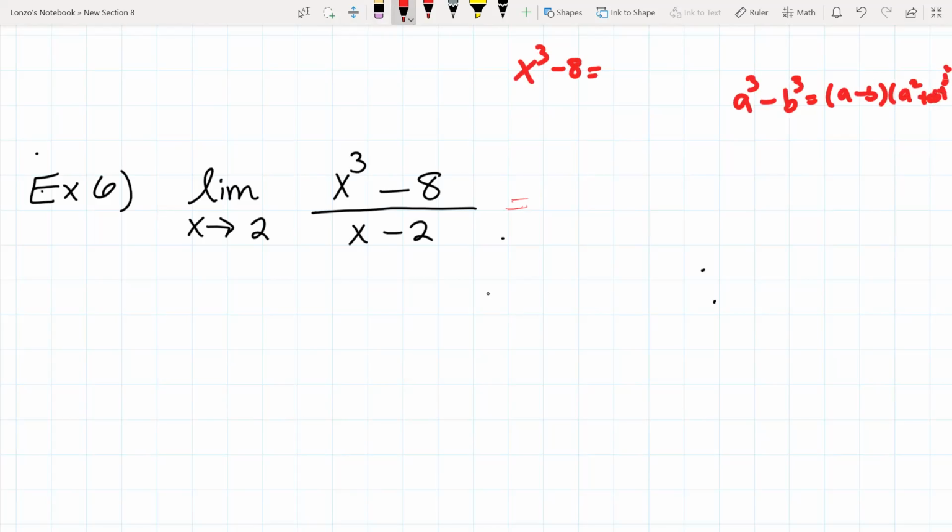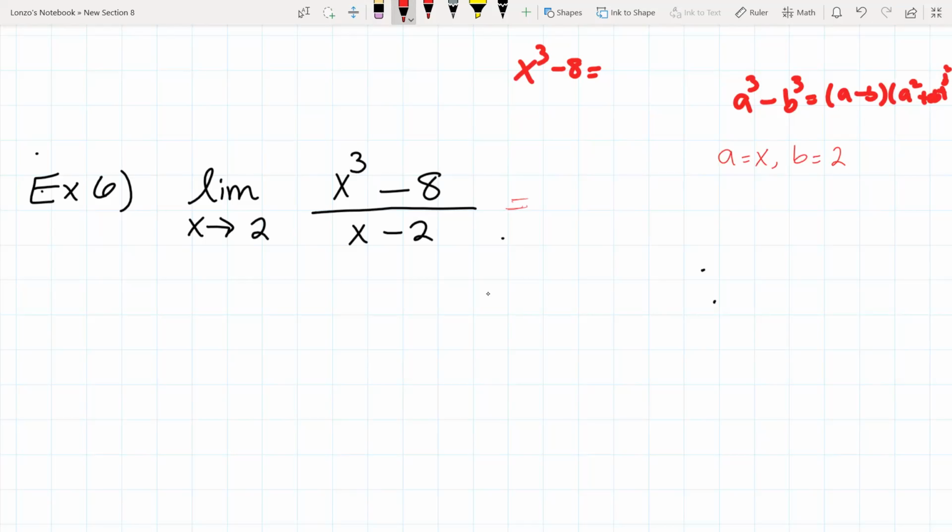I forgot the name of the rule, but we just got to figure out our A and our B. So our A is going to be X, and our B is going to be 2. Because why 2? Because what number when cubed gives you 8? 2.